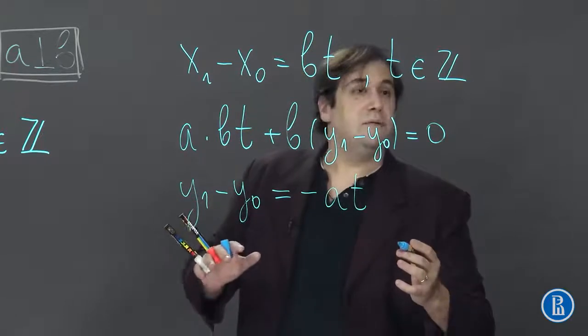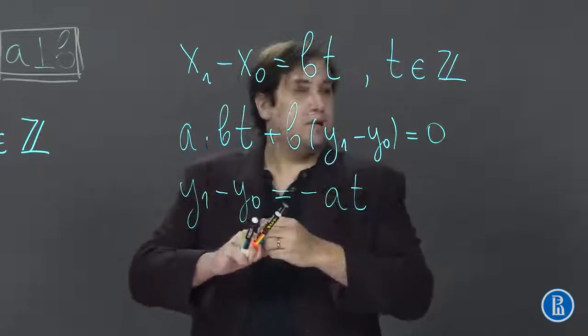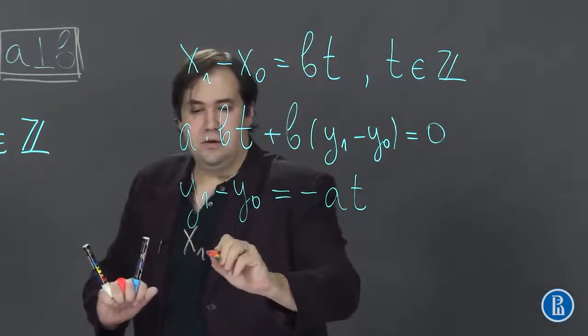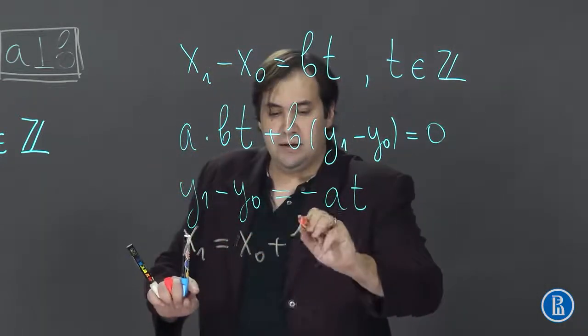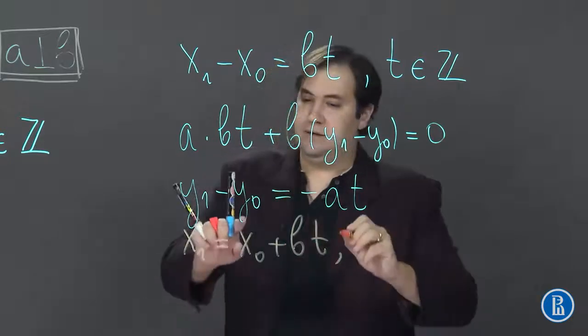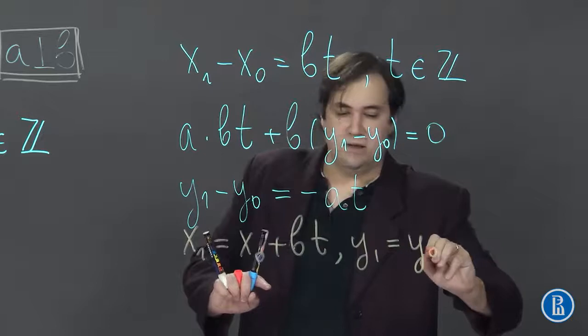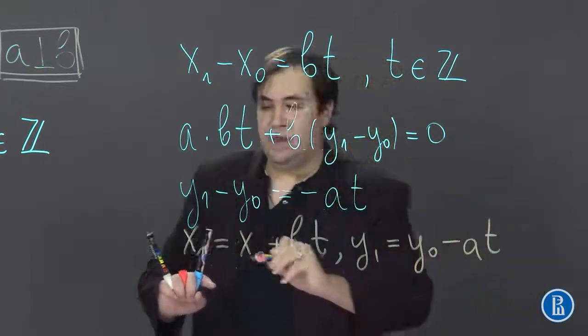Finally, we see that x1 is equal to x0 plus bt, and y1 is equal to y0 minus at.